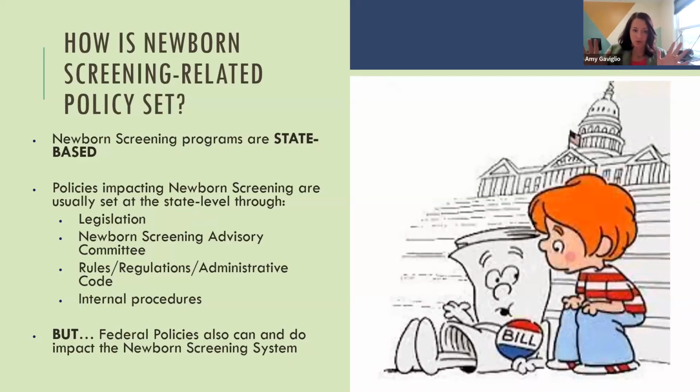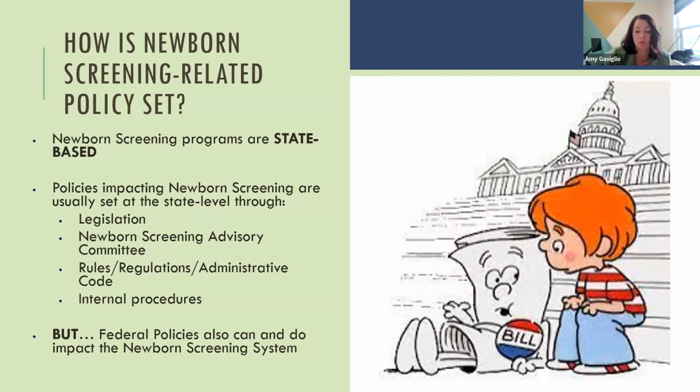So how does this all come together, and how is newborn screening related policy actually set? In most cases, because newborn screening programs are administered and governed at the state level, policies impacting the program and system are usually set at the state level.